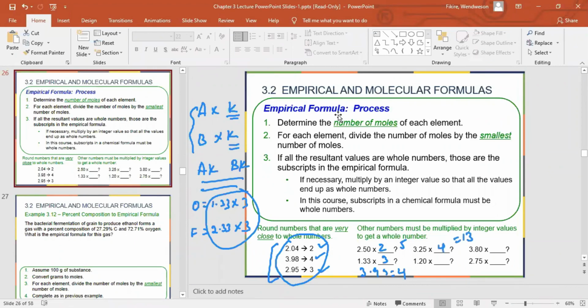And now let me ask you this. Is there a number less than 4 that converts 3.25 into a whole number? Like 2? No. Can you multiply 3.25 by 3?